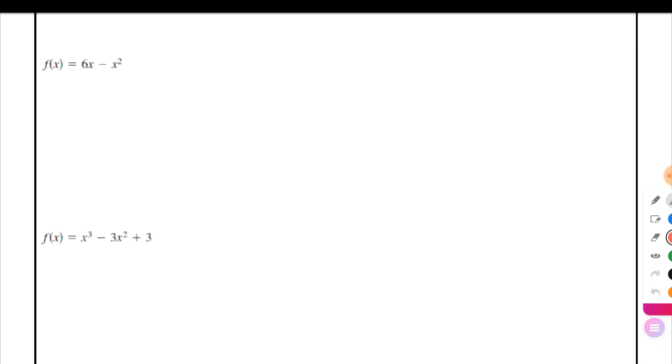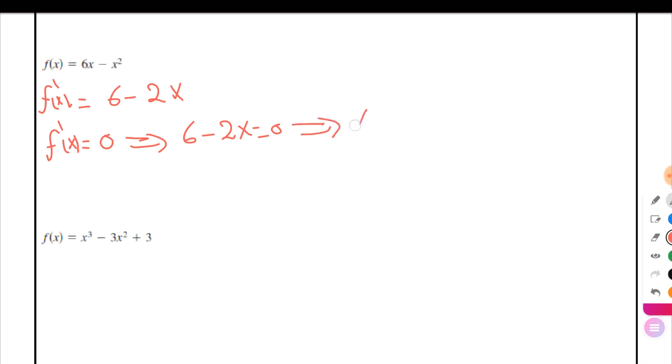Here, what is the first step? I have to find the first derivative, then find the zeros of this first derivative. It will be 6 minus 2x. Then find the values of x where the first derivative equals 0: 6 minus 2x equals 0, which implies x equals 3.